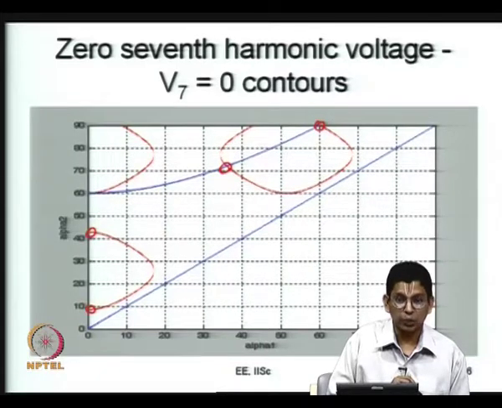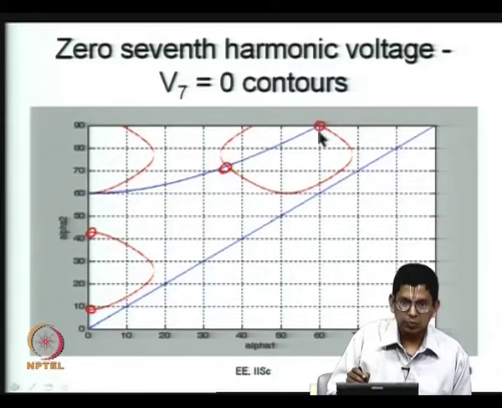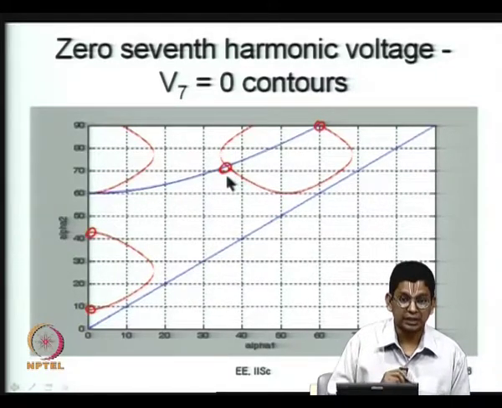In both the cases you can get the desired fundamental voltage, in both the solution you can get V7 is equal to 0, but you might probably want to choose a solution where V5 is also low, may not be 0, but at least low. You will see that at this point V5 is 0 and anything close to this point V5 is fairly close to 0. On the other hand, if you take this point, V5 is at its maximum really, and any point close to this V5 is going to be very high. We will see that little later.